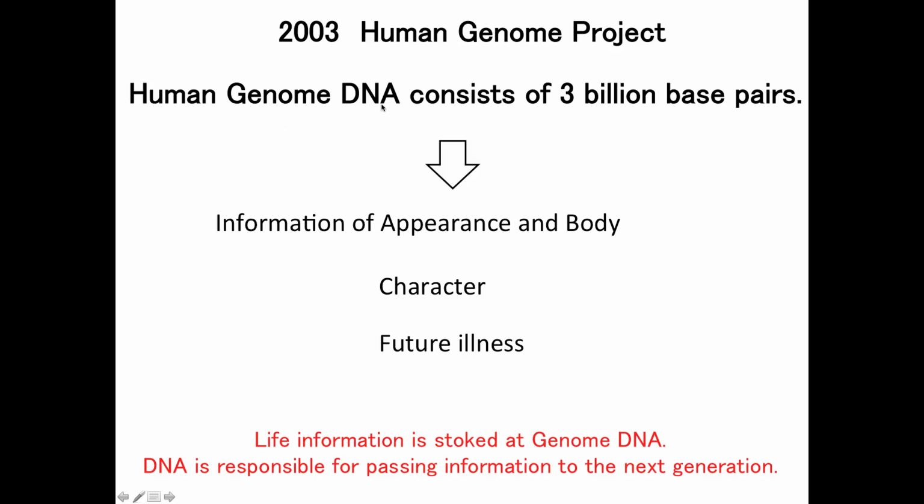The DNA sequence has the information of appearance, body, character, and future illness. It means that this human DNA genome sequence is very important for us. You know that life information is stored as genome DNA.